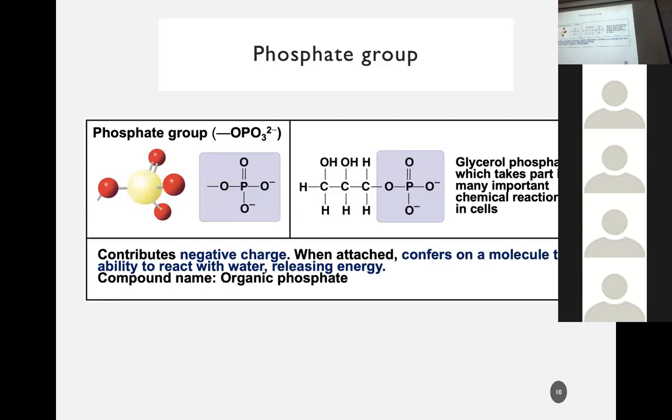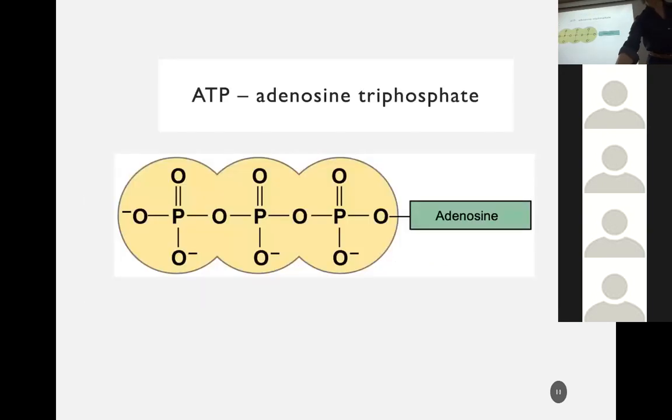Okay. So why we care about phosphate is because, well, it's in a lot of different molecules, but ATP has 3 phosphate groups on it. And you're not familiar with ATP yet, but you will be once we get into some of the cellular functions. This is the main energy source for our cells. ATP is like the fuel for our cells. So you'll see ATP a lot.